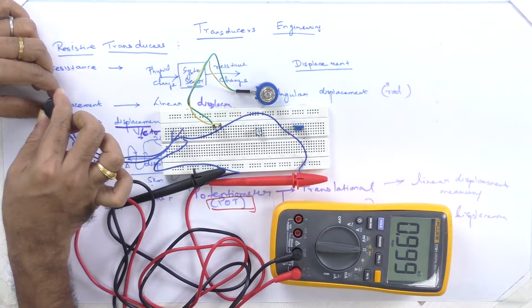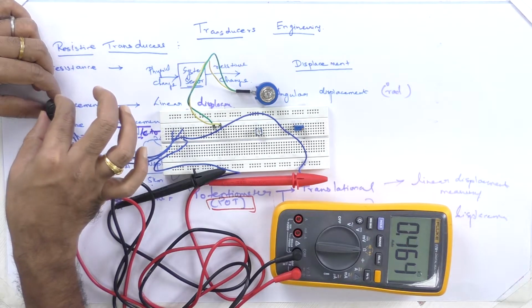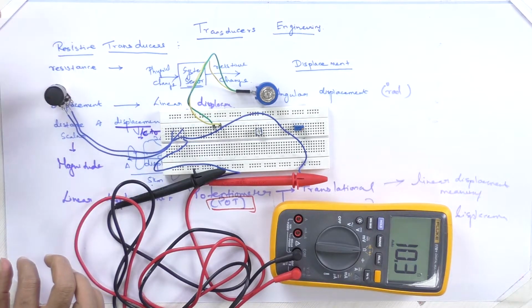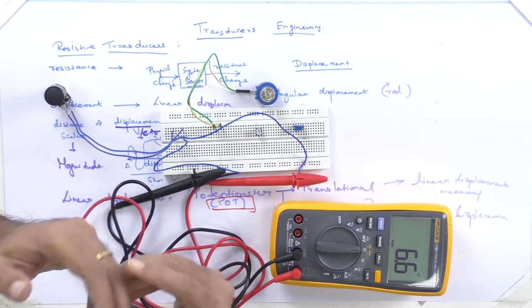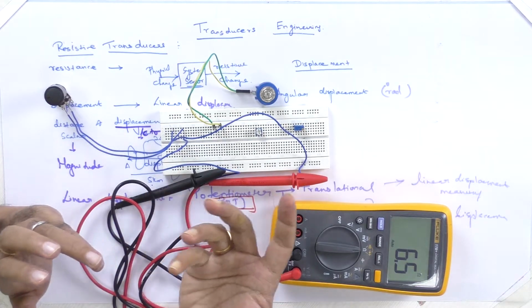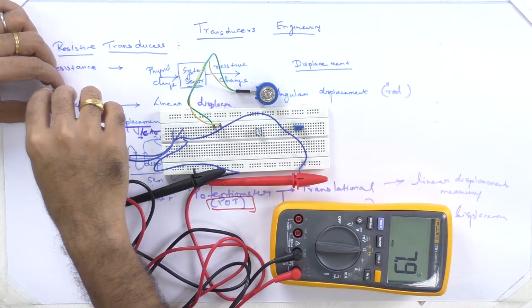When I make a change on this side, it is increasing, and on the other side it is decreasing. Hence we will be able to say in which direction we are making a change, whether the positive or the negative side, the incremental or the decremental side, by seeing the change in resistance. So we are able to see the displacement in degrees, that is the angular displacement.